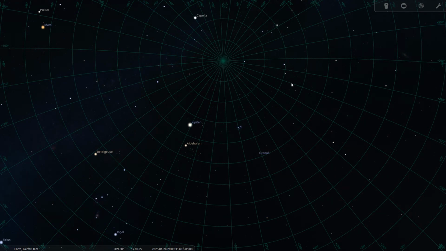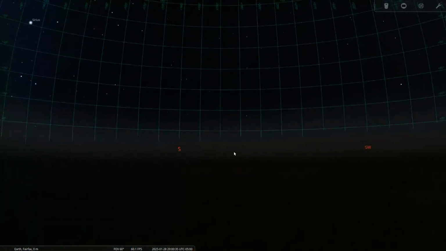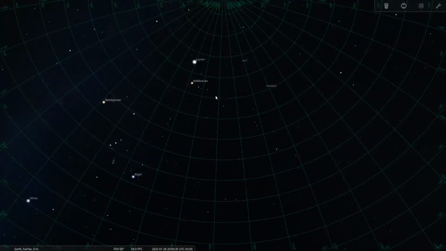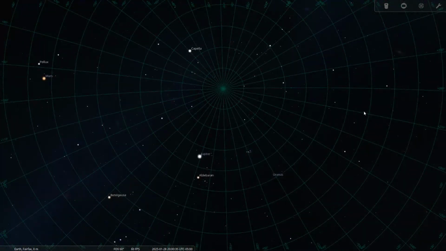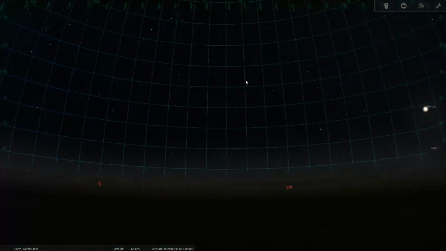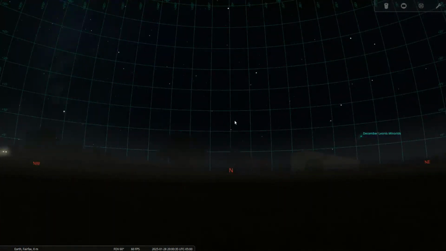These lines going around, if we look here, the lines that are going straight up and down, but seem to converge or do converge at the pole, those are lines of constant azimuth. So we can see that if we go and scroll around and we go to due north, this is 0 degrees.